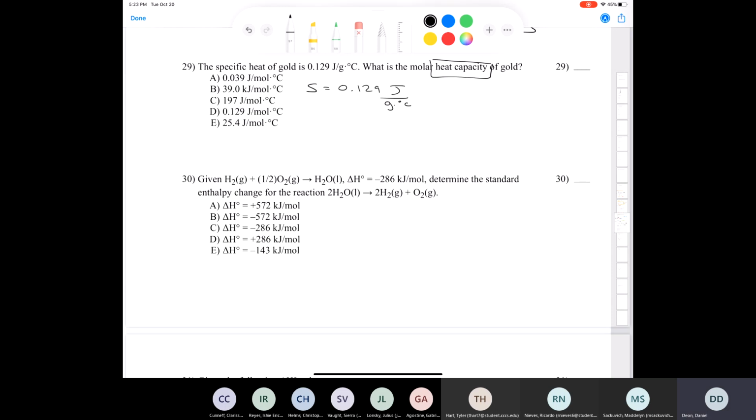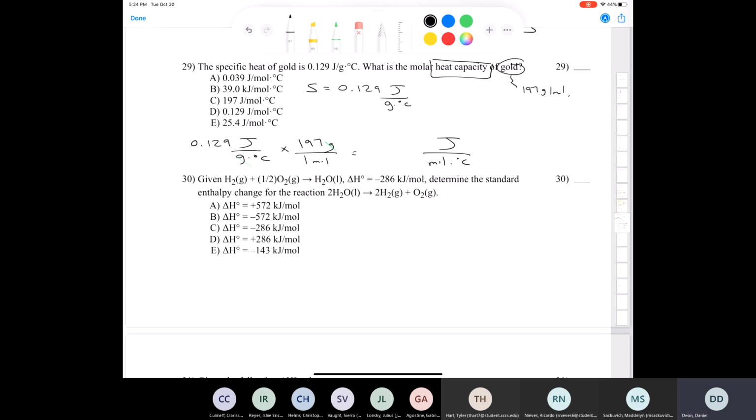And so we can use the formula. Actually, it's not really a formula. It's more just some dimensional analysis. We can say that if we have 0.129 joules per gram degrees Celsius, and we multiply that by the molar mass of gold, which is 197 grams per mole, you can see that grams and grams cancel out, and we end up with units of joules per mole degrees Celsius, right?